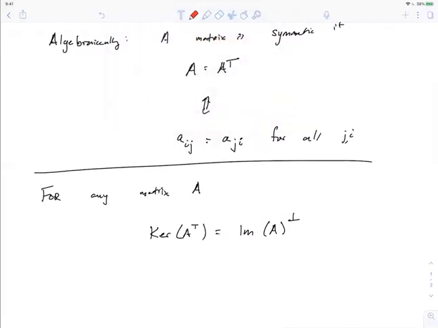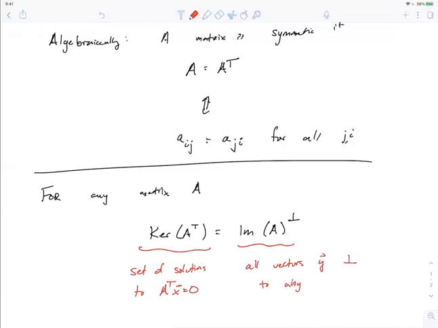So this on the left is the set of solutions to A transpose x equals 0. And this on the right are all vectors y perpendicular to all vectors Ax. So these are going to be the same thing.